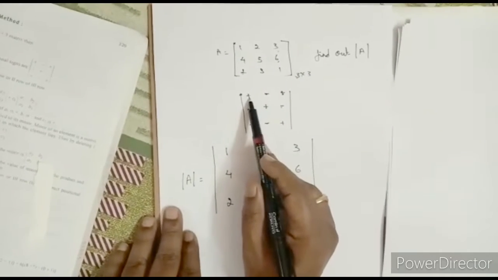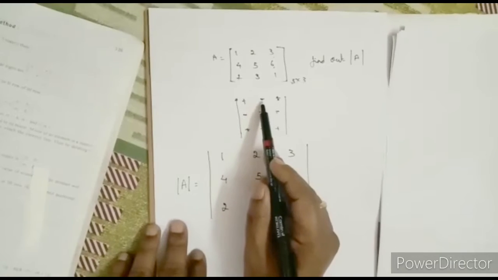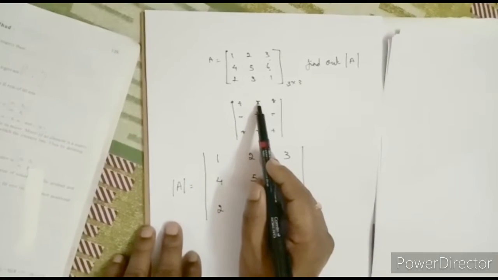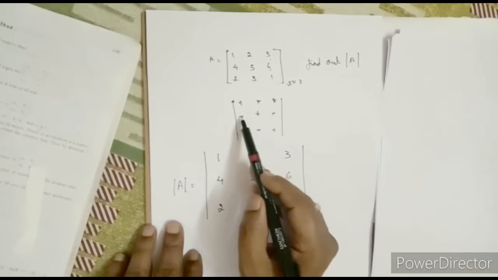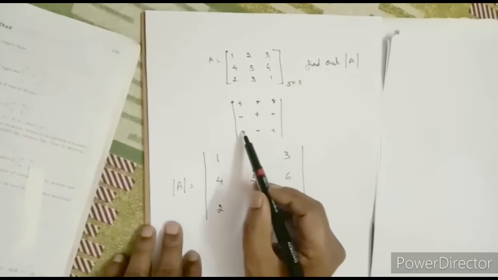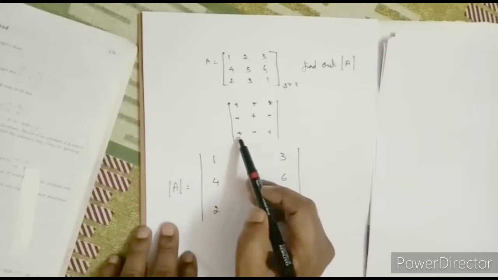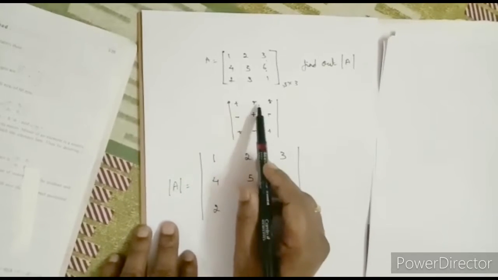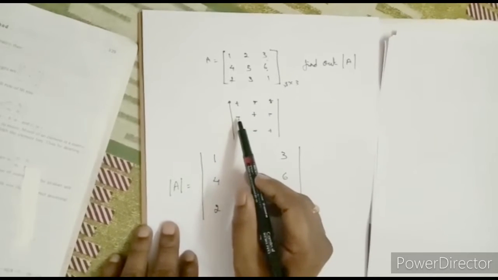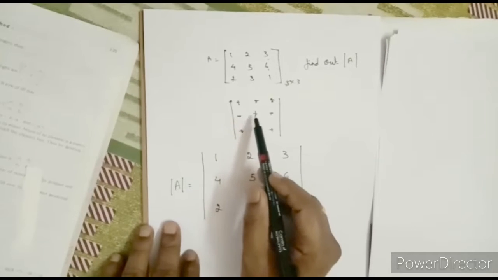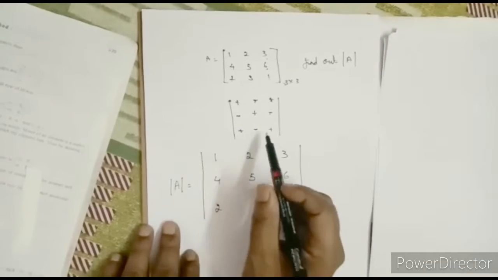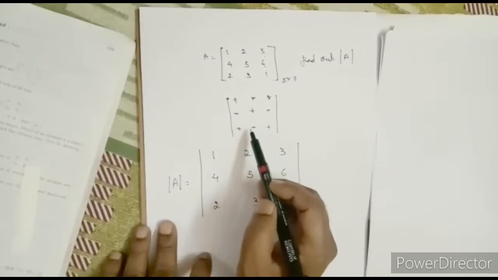For the first element it should always be plus, then for the second element it should be minus, plus, minus, plus, minus, plus, minus, plus. So the first row and the last row will be the same, plus, minus, plus. But in case of the second row, it starts from minus, plus, minus.